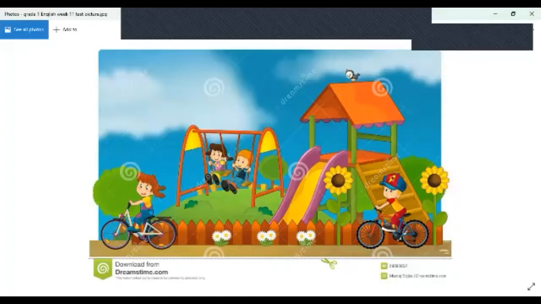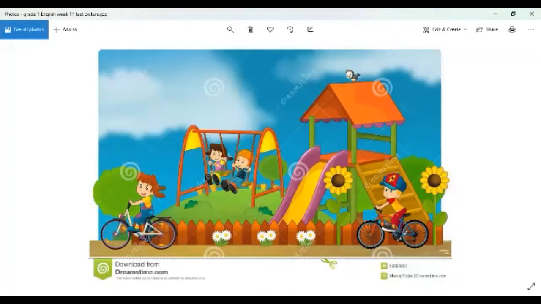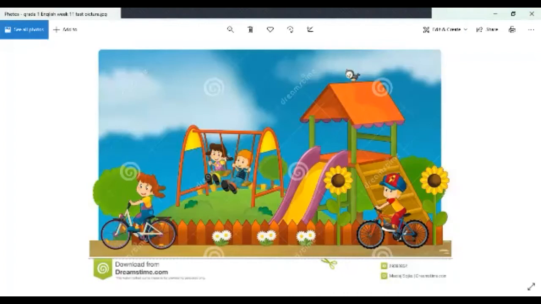Okay, you can see that two children are sitting on the swing. All right. Okay. What else? A girl is riding a bike. Okay. What else? A boy is riding a bike. Okay. That means they are all in a, where are they actually? They are in a park, right?